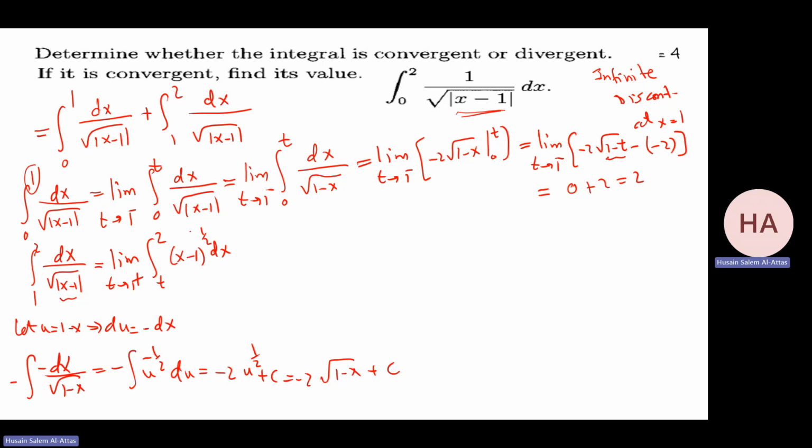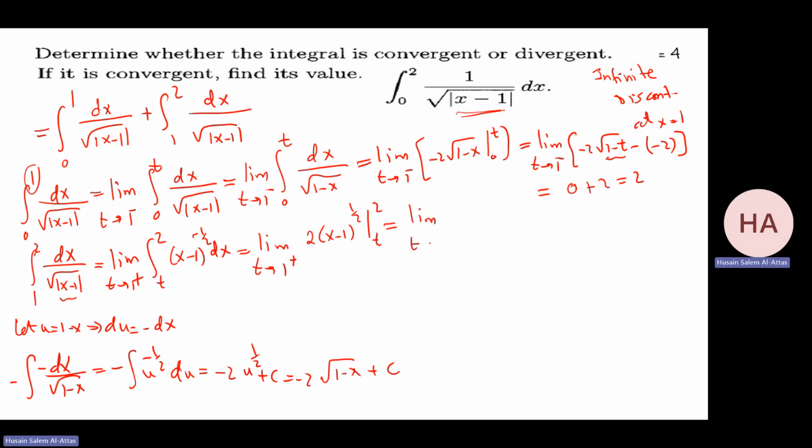That will be what? Limit as t goes to 1 from the right of 2 times x minus 1 to the power half, from t to 2. That gives me what?